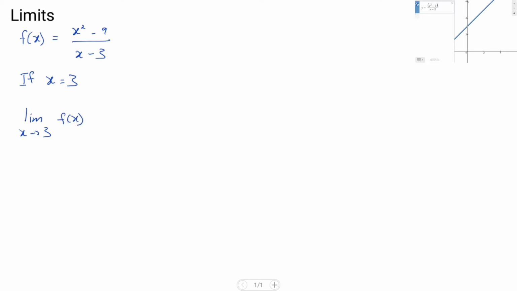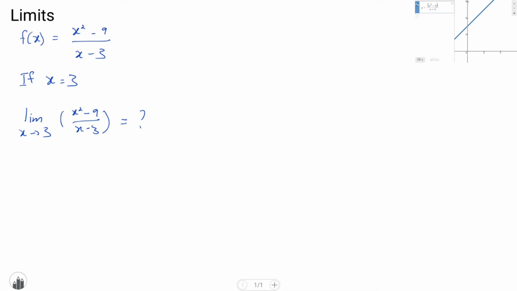If we've defined this function before, we can just reference it here, or we can take the entire thing and write it again: x squared minus 9 over x minus 3. What would that mean? There are a couple of ways that we can do it without necessarily looking at a graph, and I'll show you one of those now.